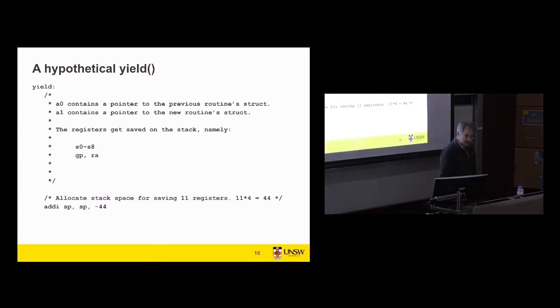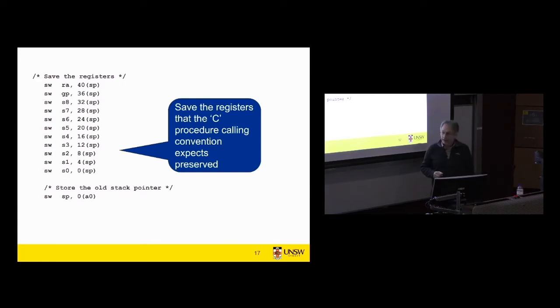So we reserve some state on the stack by decrementing the stack pointer, because we all remember stacks grow down. Then we save the registers that the compiler expects to be preserved whenever it calls a function. Okay.